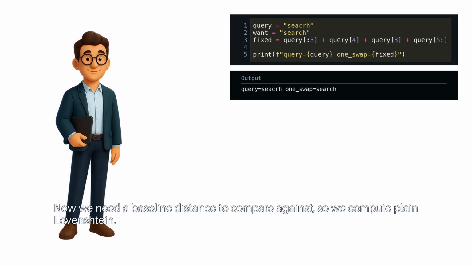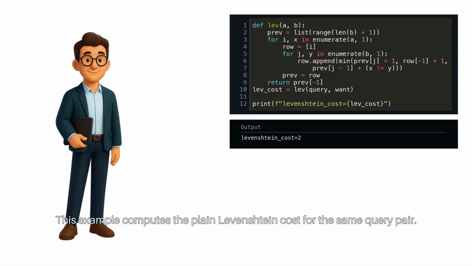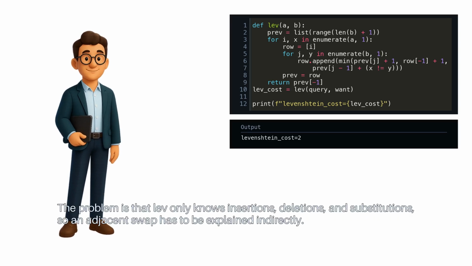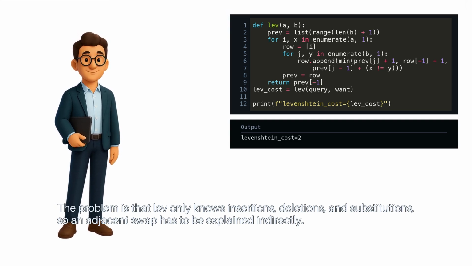Now we need a baseline distance to compare against, so we compute plain Levenshtein. This example computes the plain Levenshtein cost for the same query pair. The problem is that Lev only knows insertions, deletions, and substitutions, so an adjacent swap has to be explained indirectly.